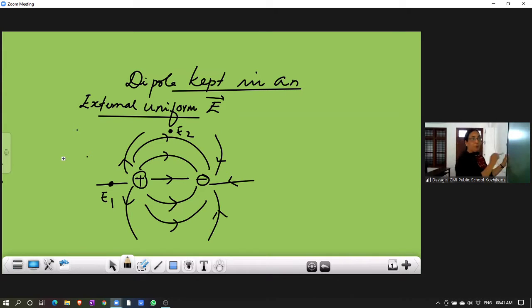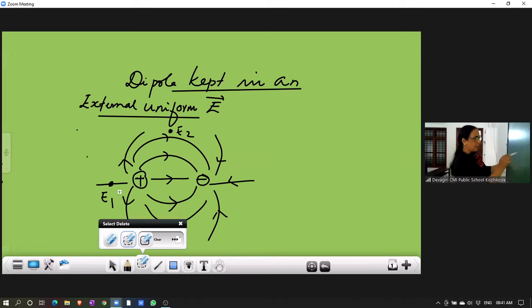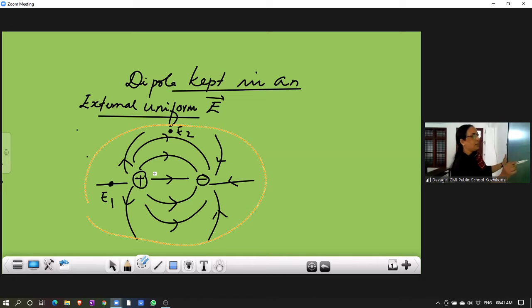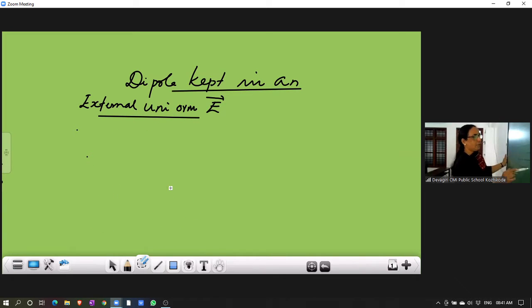So how do we represent a uniform electric field? So listen, what I'm drawing right now indicates a uniform electric field. While drawing uniform electric field, you have to be careful that the lines that you are drawing must be parallel, not only parallel.